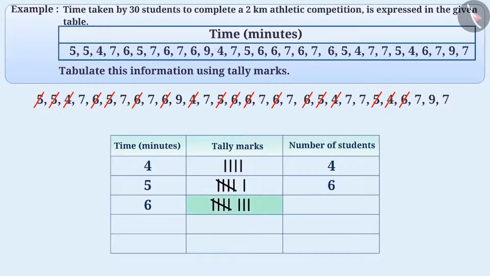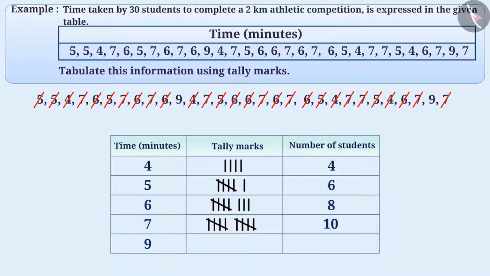By looking at the tally marks, we know that the number 6 has occurred 5 plus 3 is equal to 8 times. Similarly, counting the number 7, we will draw tally marks. From this process, we know that 7 has appeared 5 plus 5 is equal to 10 times.